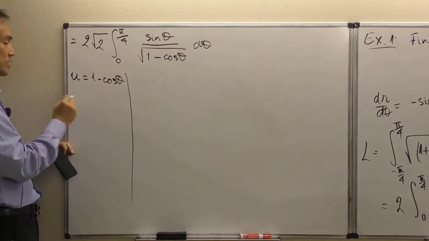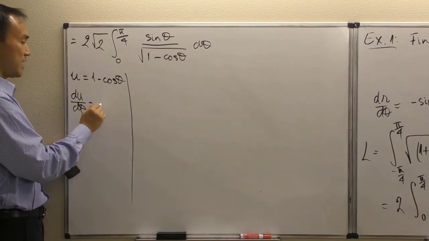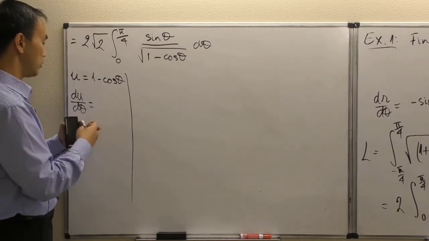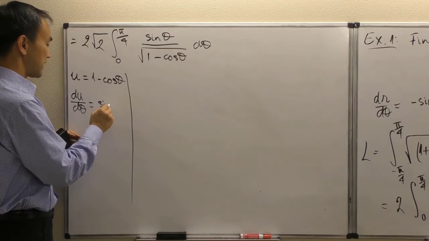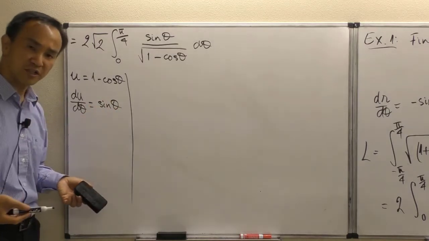Doing so, I am going to consequently end up with du d theta equals, indeed, positive sine of theta, due to the derivative work right there. And allow me not to remind too much about that.